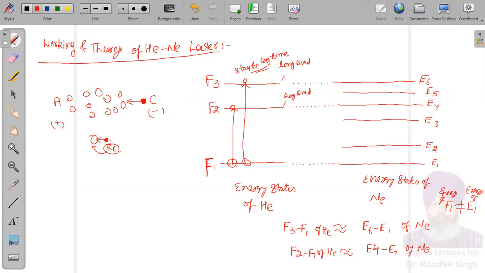Kindly remember, only one electron is not emitted at a time. Many electrons are emitted at a time, and these are traveling from cathode to anode. Many electrons will just waste their energy at the time of collision.